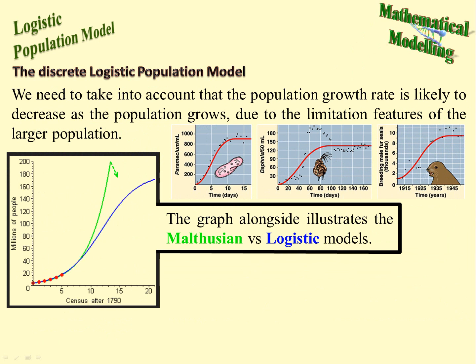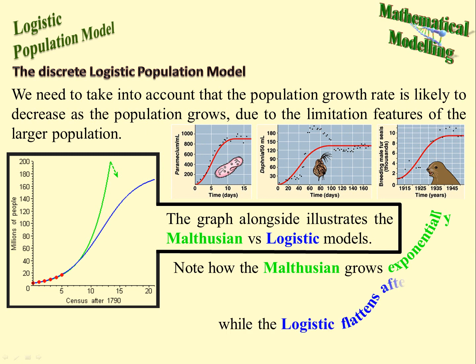So, there's the Malthusian versus what we're now going to look at, the logistic model. These cases where it seems to level out. So the Malthusian grows exponentially with a collapse. The logistic seems to flatten out after a while.